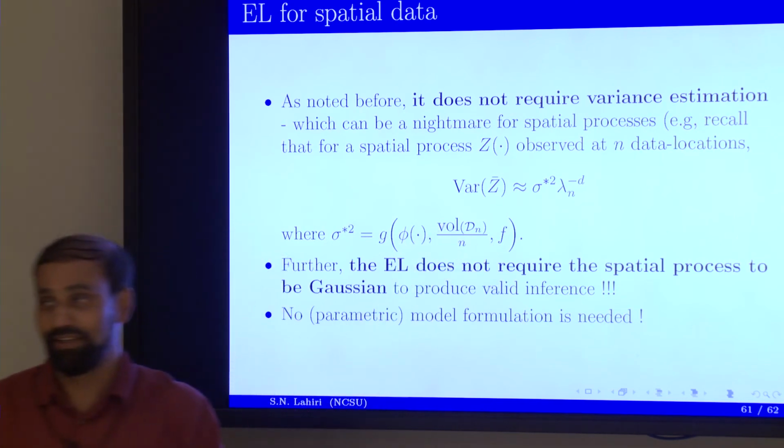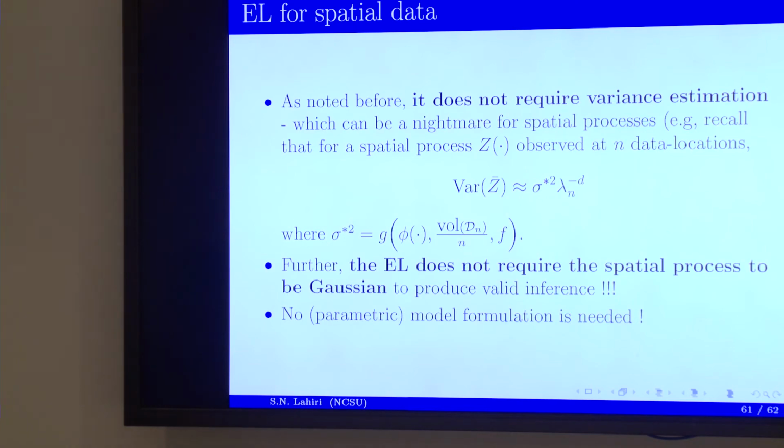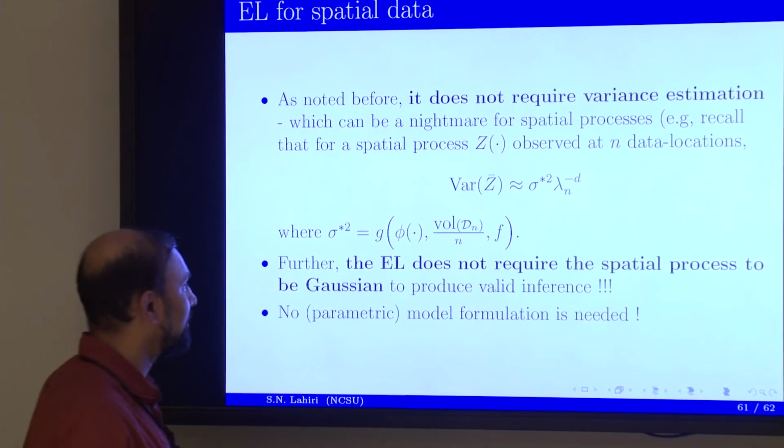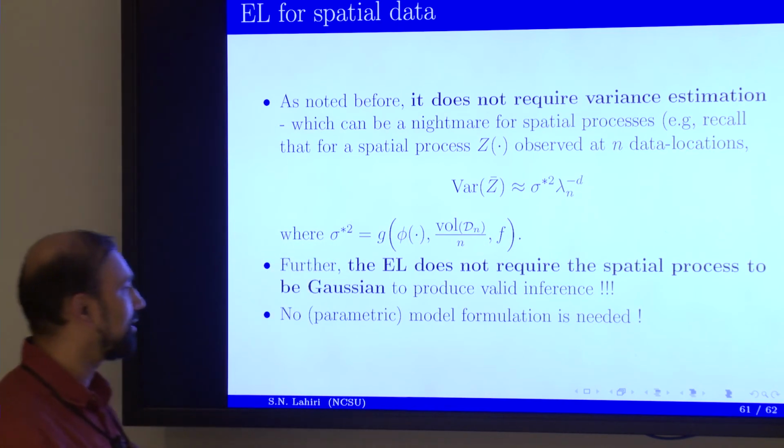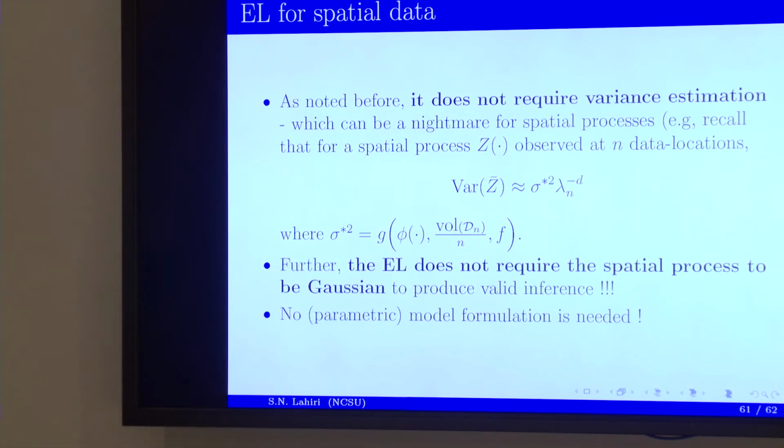It depends on the C star, which is the ratio of lambda naught to lambda n, the number of sample points, etc. So you do not have to estimate any of those. When you are applying the empirical likelihood in the frequency domain, you don't have to worry about choice of block size. You do not have to worry about choosing or estimating the asymptotic variance. All of those are good. So in some sense, that is the method to use, right?